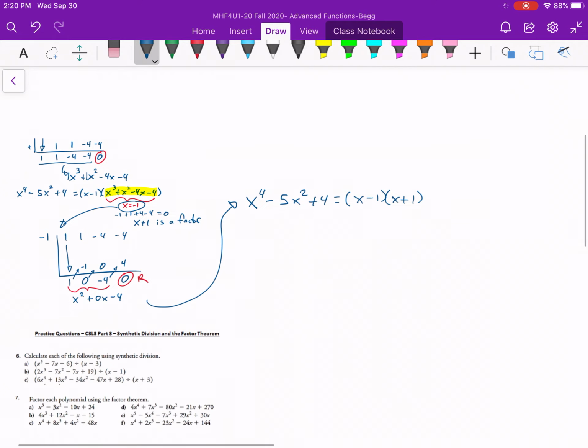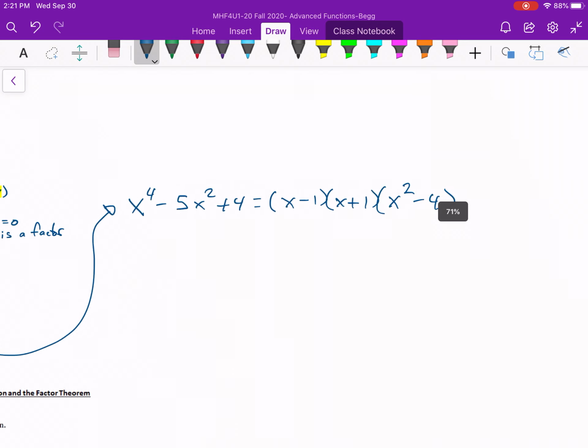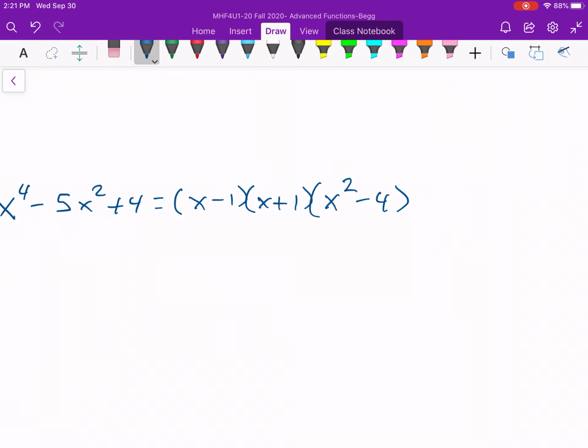And now we know that if we multiply that times x squared minus 4, it's broken down a bit more. Now it's down to a quadratic on the end. I'm not quite done yet because I can factor this farther. This one happens to be a difference of squares. So I'll keep my first two factors the same. Factor x squared minus 4, and that gives me x minus 2 times x plus 2.